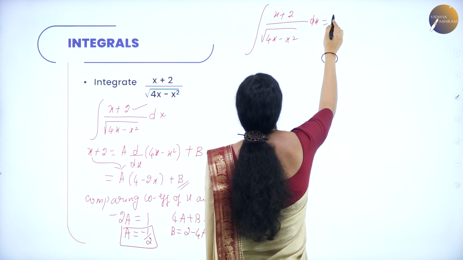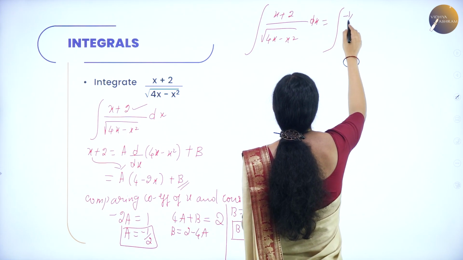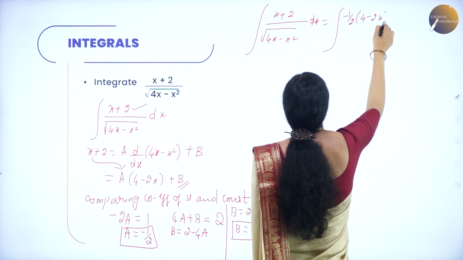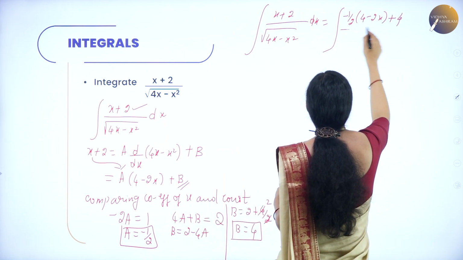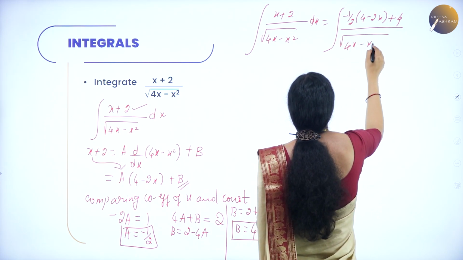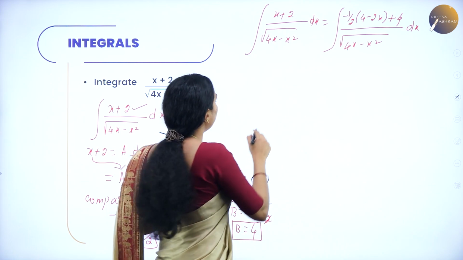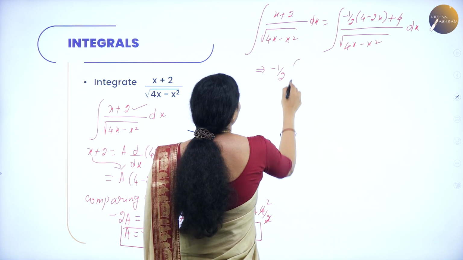into dx can be written as the integral of x plus 2 is minus 1 by 2 into (4 minus 2x) plus b value 4, divided by under the root of 4x minus x squared into dx. Now segregating the integral, dear students, this implies that minus half will be a constant.